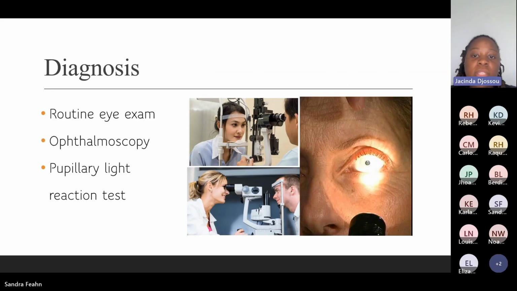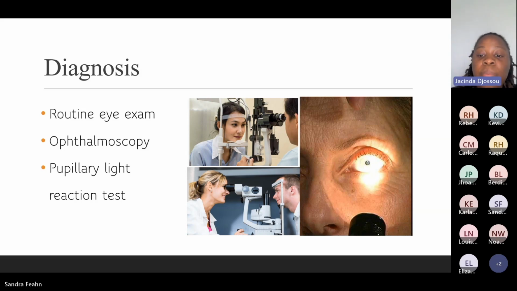Okay, so how is optic neuritis diagnosed? So in the images, we see our routine eye exams, an ophthalmoscopy, and a pupillary light reaction test. So the routine eye exams help in checking vision and the ability to perceive colors, as well as to measure peripheral vision. The ophthalmoscopy is performed by shining a bright light into your eyes, and this examines the structure at the back of the eye to evaluate the optic disc, where the nerve enters the retina.